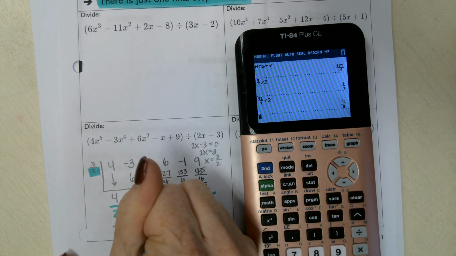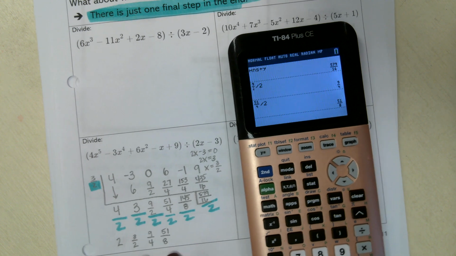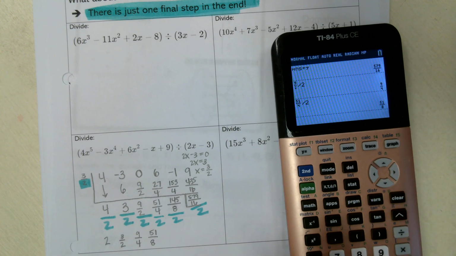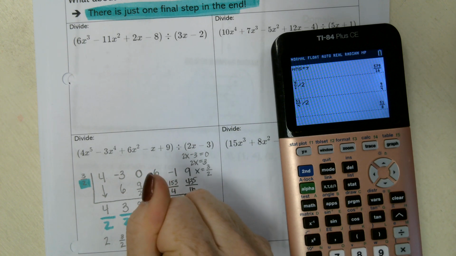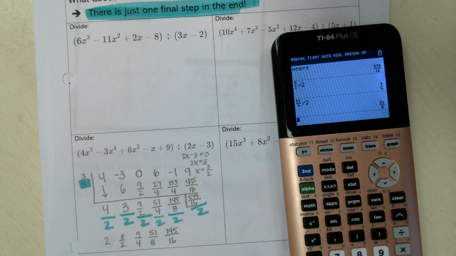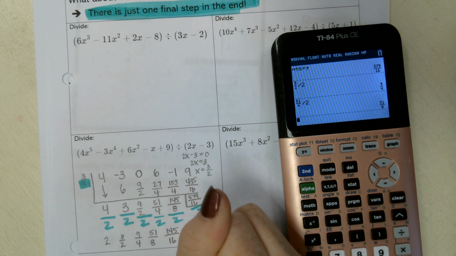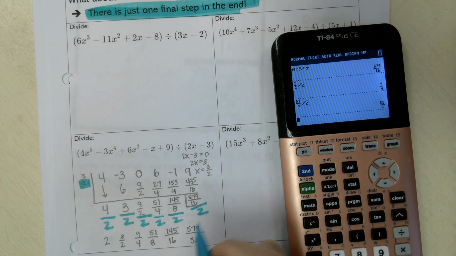That gives me 51 over 8. The next one, you can kind of see what's happening to the denominators. Okay, that will give me 145 over 16. And this will give me 579 over 32.